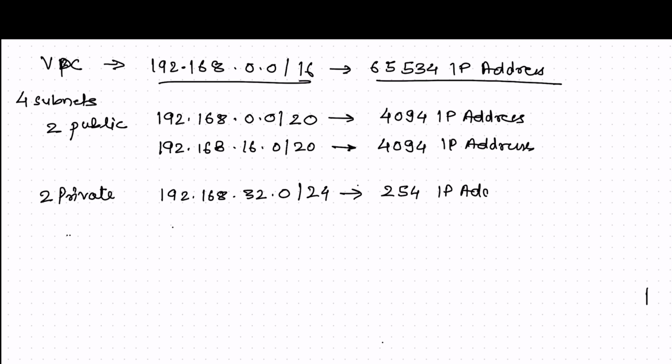AWS supports multiple types of EC2 instances like T2 micro or T3 large. Depending upon the instance type, there is a limit on how many ENIs you can attach. ENI plays a very important role in understanding this IP exhaustion problem, and it will also help us understand how the AWS CNI plugin works.